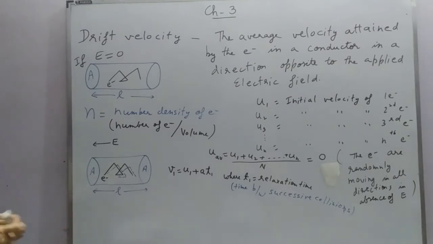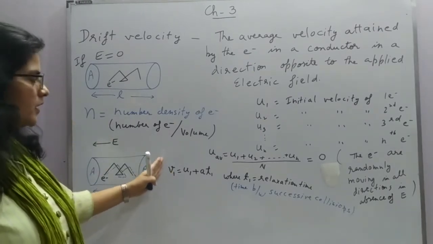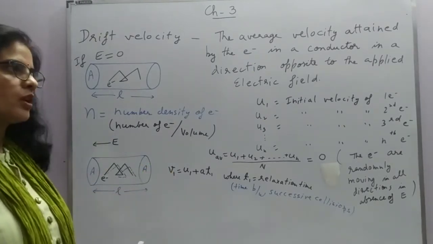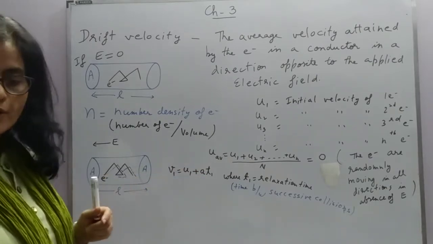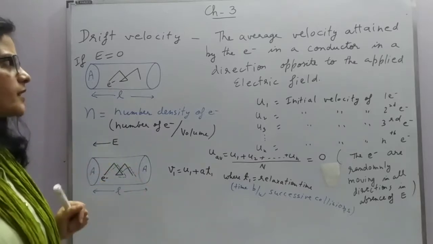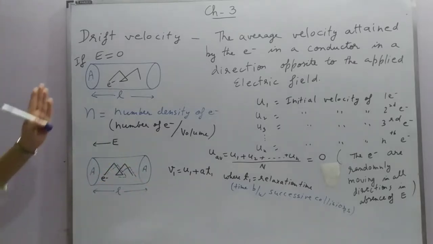Right? Similarly, I can write the other expressions for other electrons also, but we need to check what would be the value of this acceleration for these electrons. So I need this space.